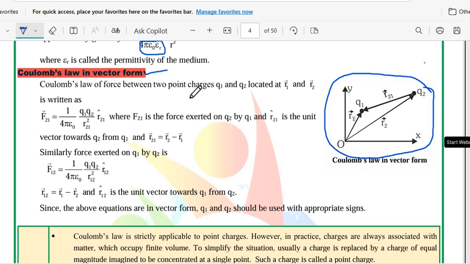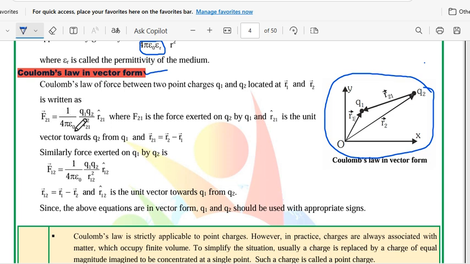Suppose in any vacuum or in any space, q1 and q2 charges are present. The distance from one point charge to the other is r21. The force between them is written as F21.